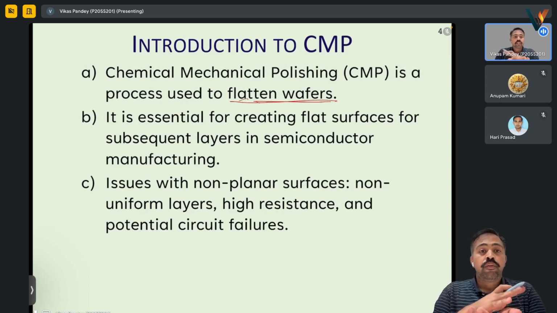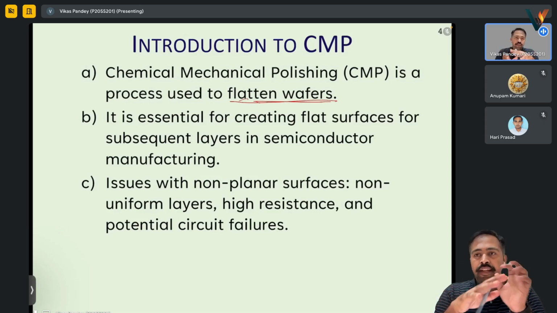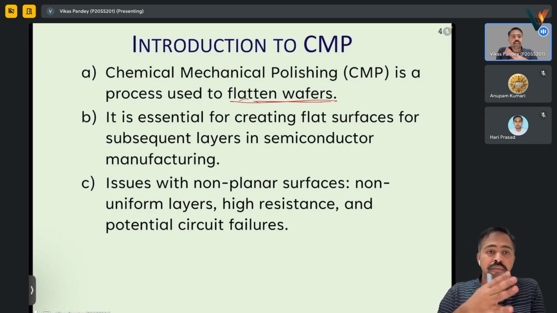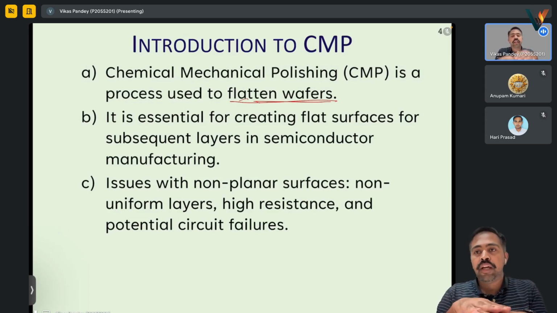But once these devices are made, in many processes we are depositing and removing, a lot of things are going on. So there must be some uneven surfaces, as well as structures that might not be in plane due to errors.